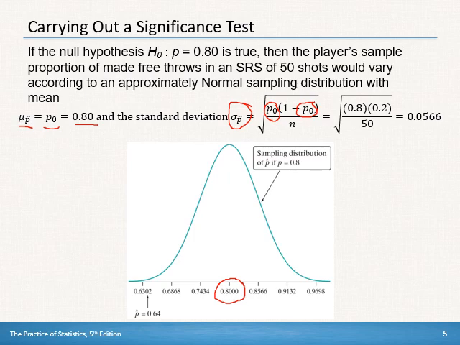We used p hats when we did this calculation, the standard error in the confidence interval and as part of the margin of error. But here we're going to, again, assume the null hypothesis is true, so it makes sense that we're using p naughts, p subscript 0, in the calculation of the standard deviation of the sampling distribution of p hat.